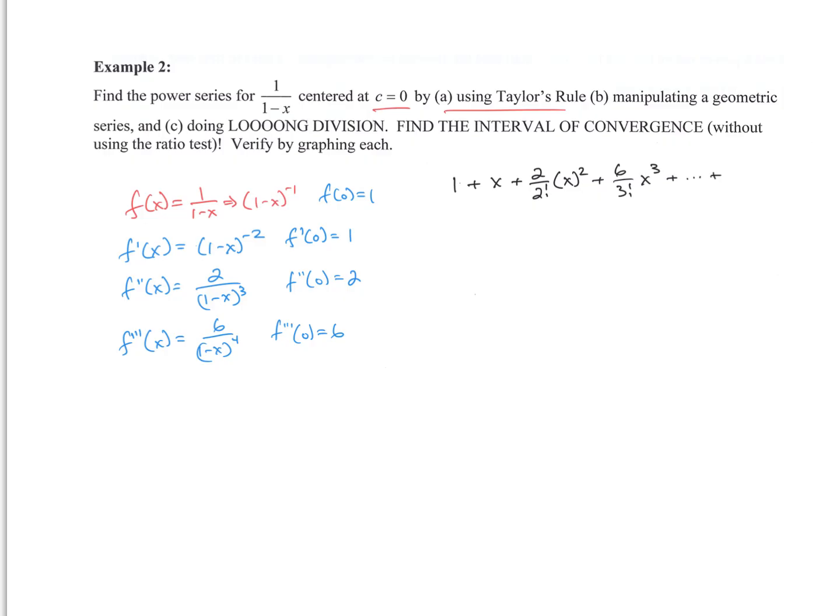Plus, what would be my general term? Does anybody see what's happening here? So all those coefficients are going to what? 1. And so what's my general term? It's just x to the power of n. That's convenient. All right, let's do part B now. Let's look at part B.